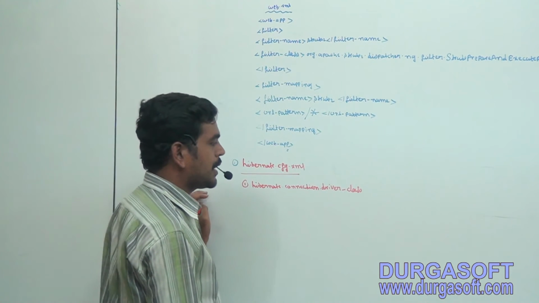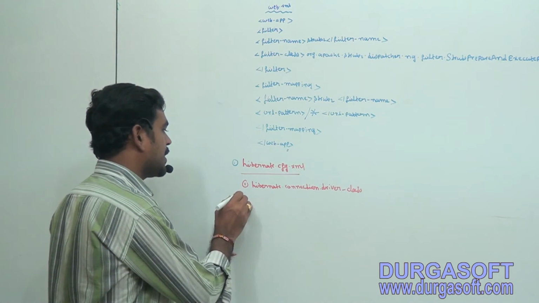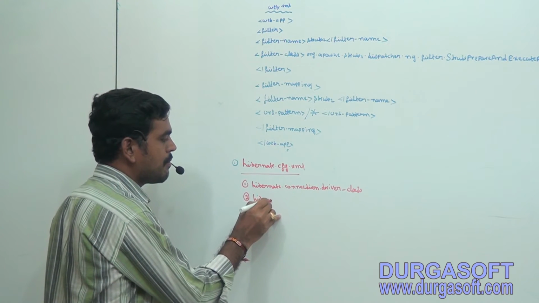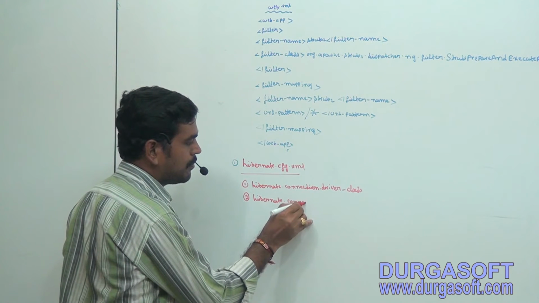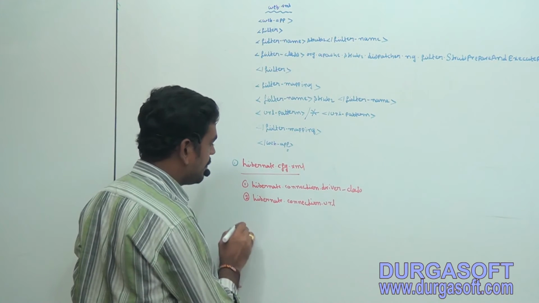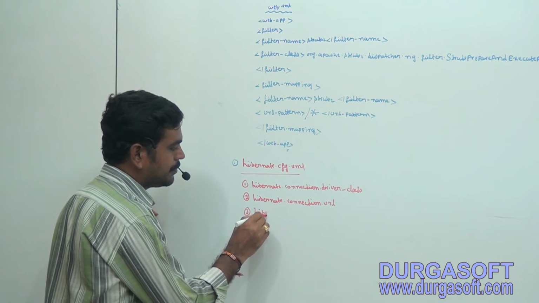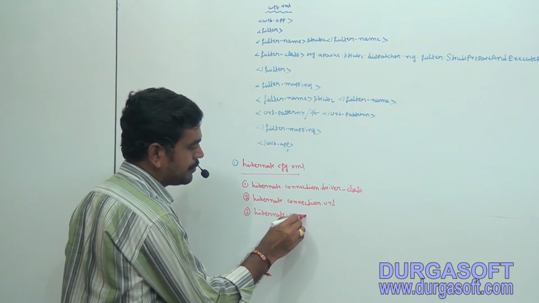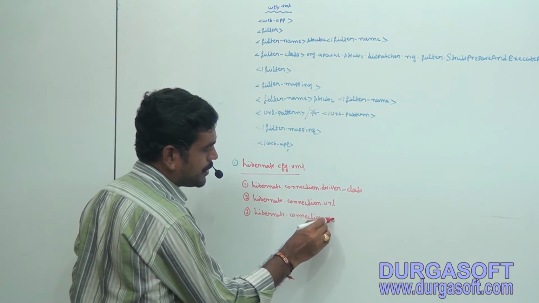Hibernate.connection.driver_class. Now the second property, hibernate.connection.url. Third one, hibernate.connection.username.